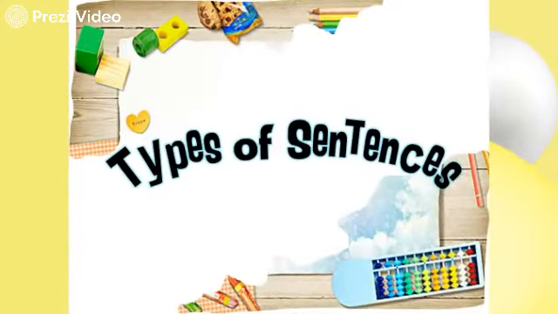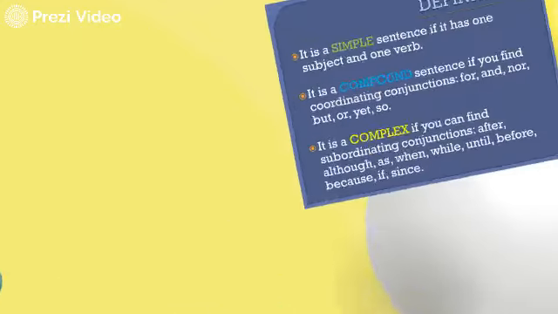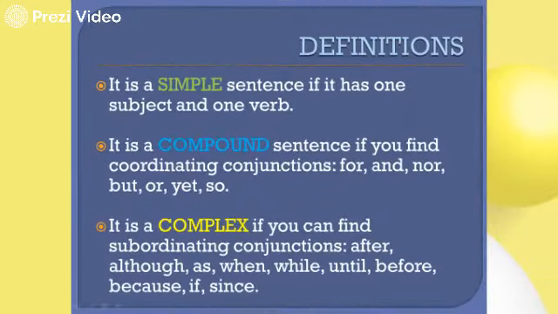Now, let's make a fast review of these three types of sentences, and then we are going to see some examples. A simple sentence is when you have only one subject and one verb, and it can be in every tense.